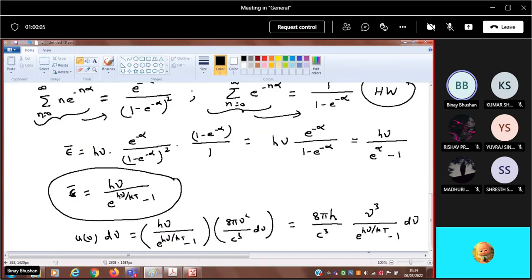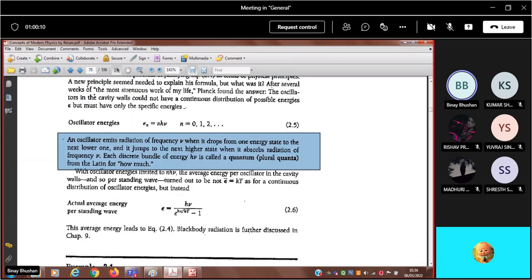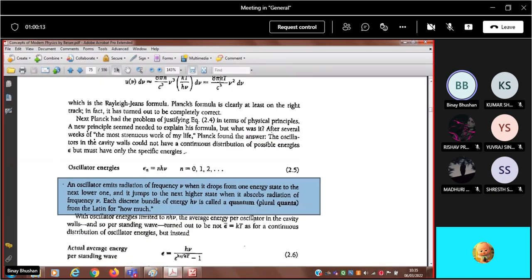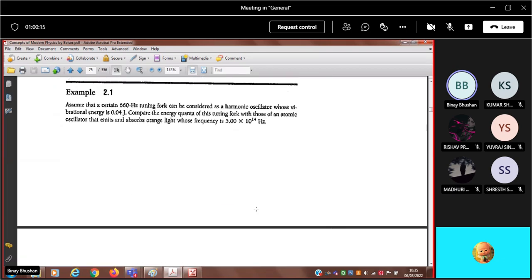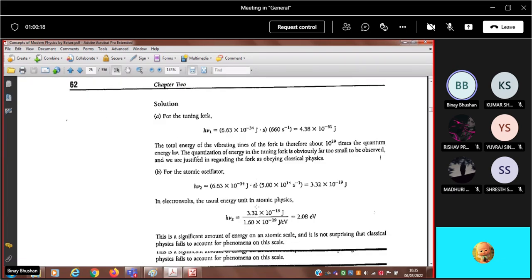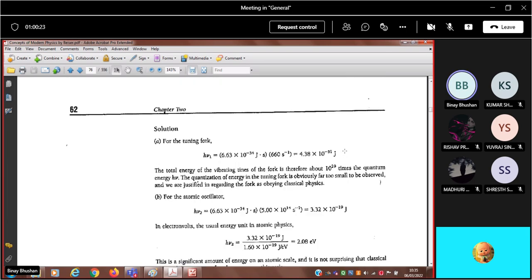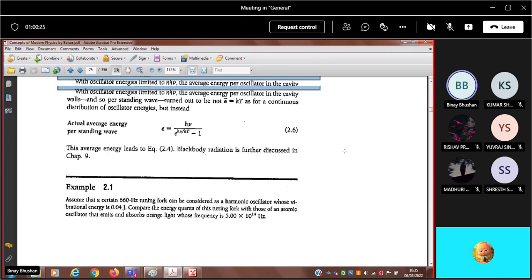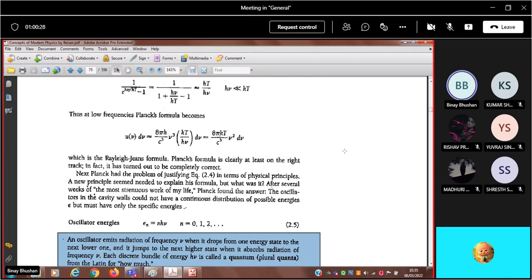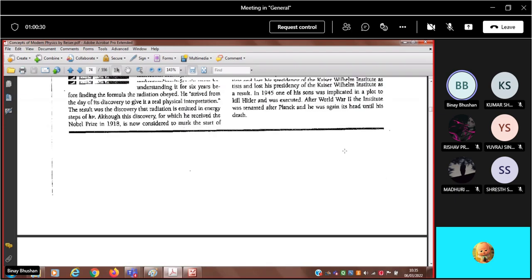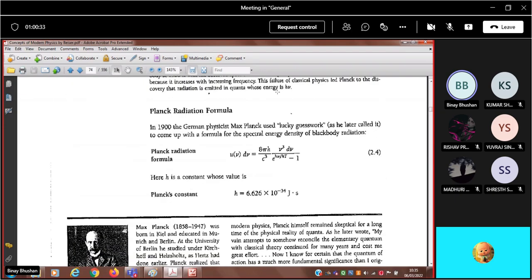And then we have Planck's radiation formula, equation 2.4: 8 pi h by c cube, nu cube d nu divided by e to the power h nu by kT minus 1.